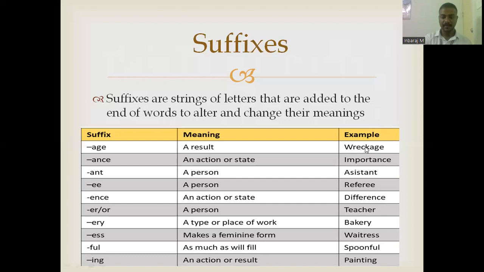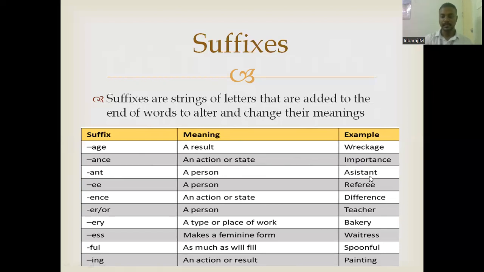Wreck is the base word, the root word, to which the suffix age is added to form a new word. Right. And look at this word, importance. What is the base word here? That is important, to which a suffix is added to form a new word, importance, meaning an action or a state.